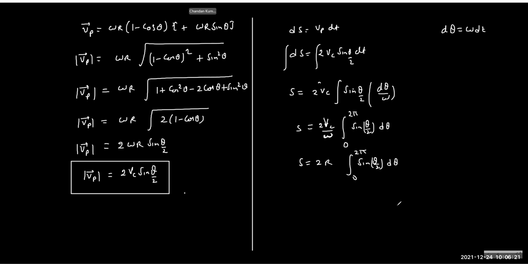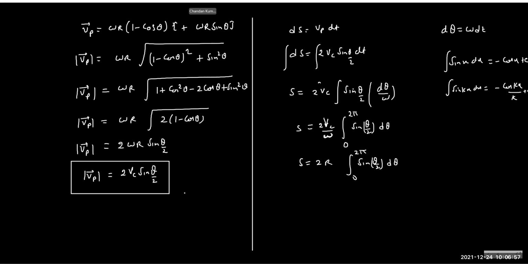Is it 2? Are you sure? Think again. It's theta by 2, so in integration when we have a coefficient, what do we do? We divide by the coefficient. If the integration of sin x dx is minus cos x, then the integration of sin kx dx will be minus cos kx by k, plus c.